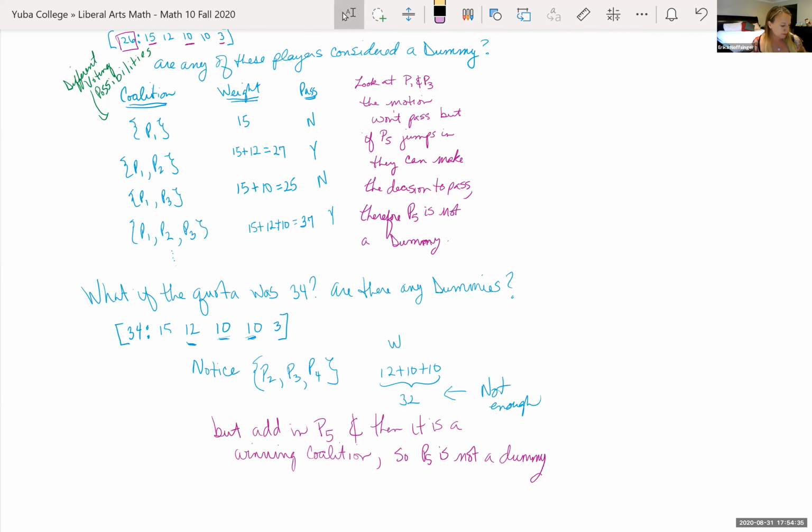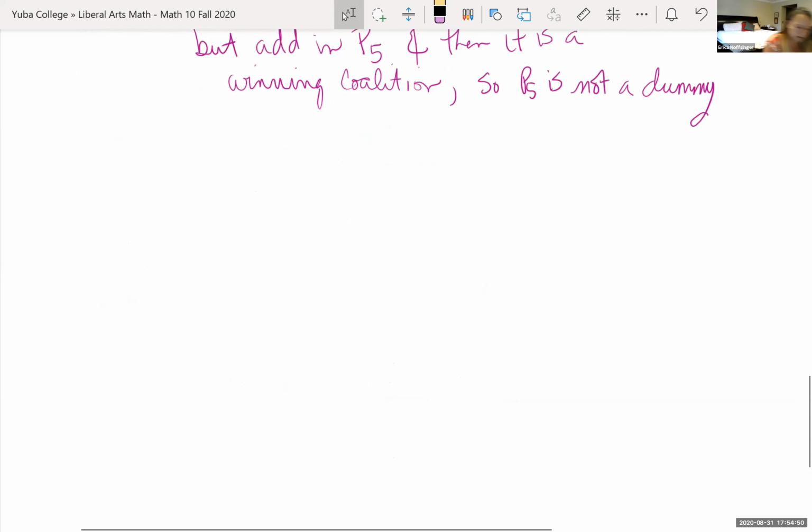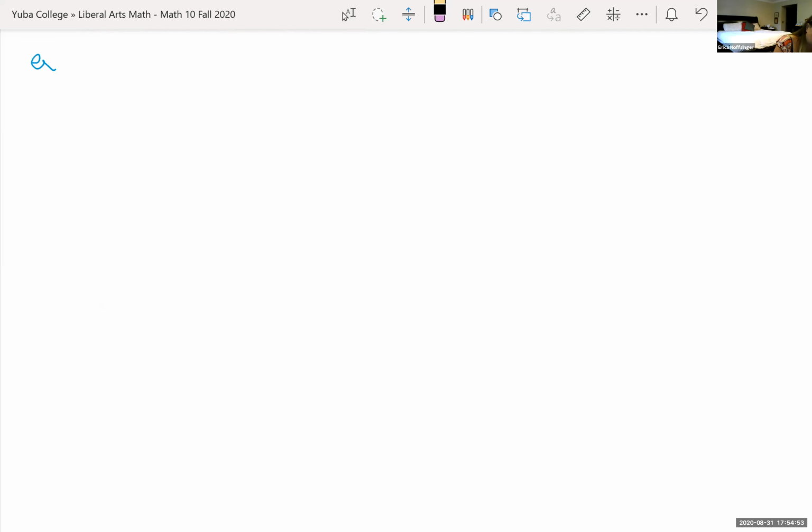So let's pull up another example. Again, I'm just going to first read through it and then we'll start writing down what we need to.